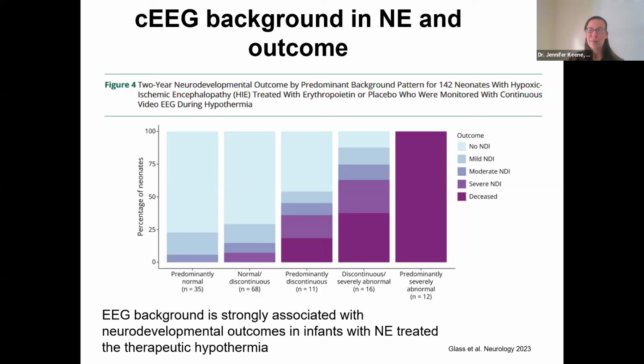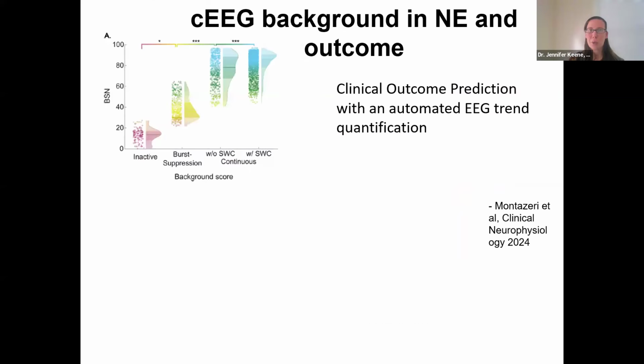Now, it's one of the main barriers to using this prognostically. And so I wanted to highlight a really neat new research algorithm out of the BABA lab in Finland, where they took background and they used machine learning to develop this BSN, the quantification of background.